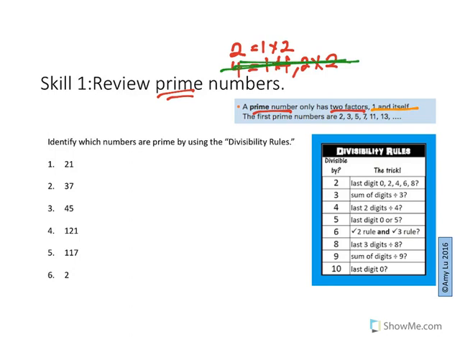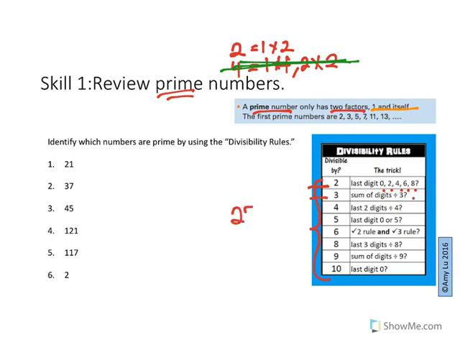Now, in order to find out if numbers are prime, you can always use these divisibility rules to help you understand numbers. So basically, numbers are divisible by 2 if the last digit, meaning the last number, ends in 0, 2, 4, 6, 8. A number is divisible by 3 if when you add up the digits, it's divisible by 3.